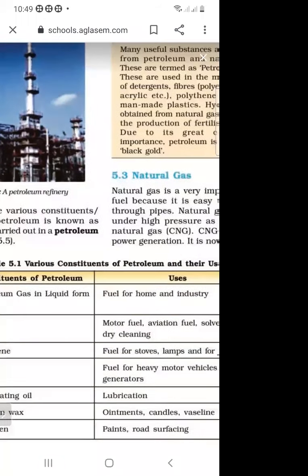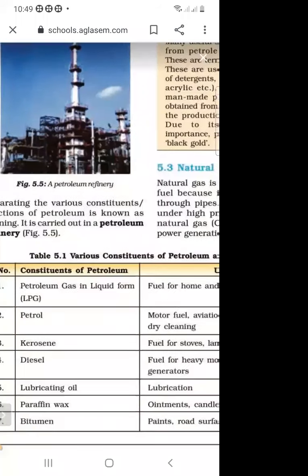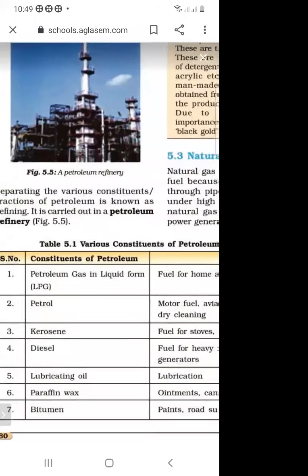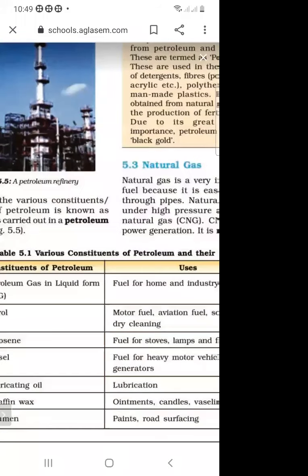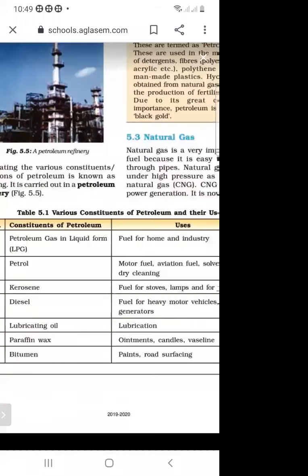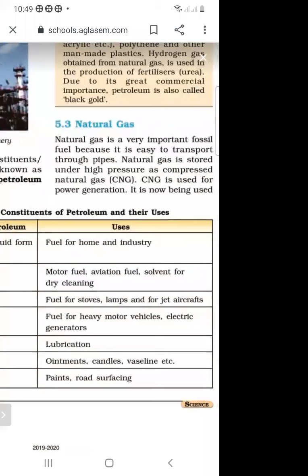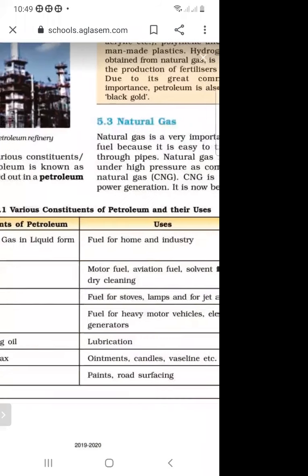And what are the uses of petroleum? First, petroleum gas is used as a fuel in the home and also in industry. Next is petrol. And where is it used? Petrol is used in motorbikes, and it is also used as a solvent for dry cleaning.